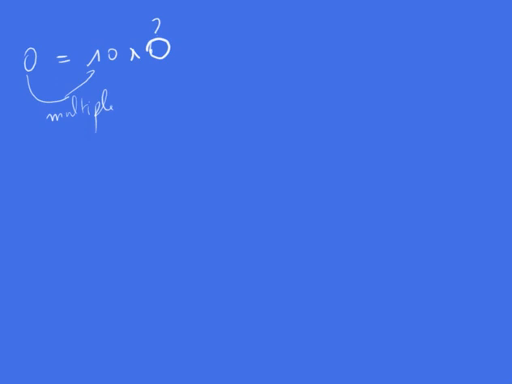And we can do that with each number: 0 equals n times 0, so 0 is a multiple of n.